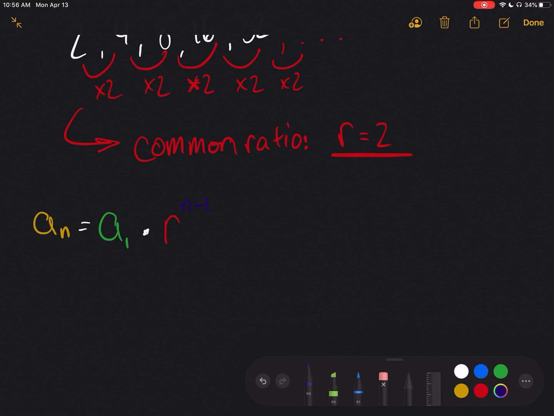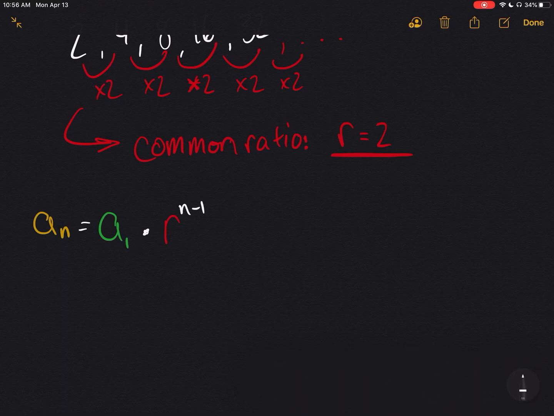Well, that's not very easy to see. N minus 1. All right, and so this is what we call the explicit formula for geometric.